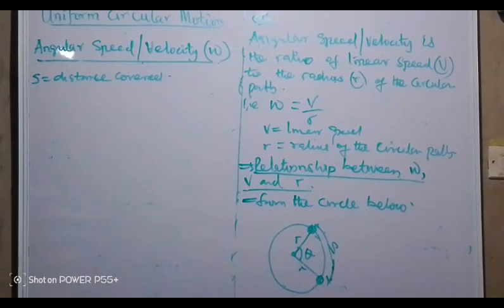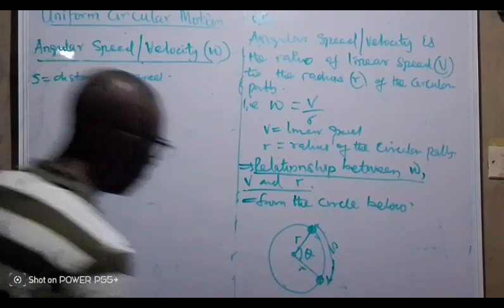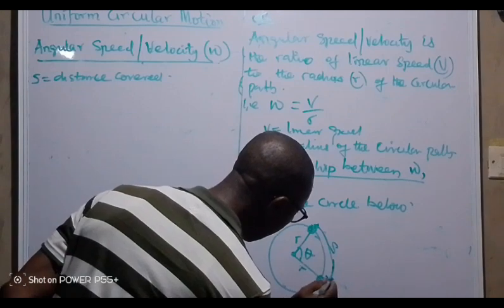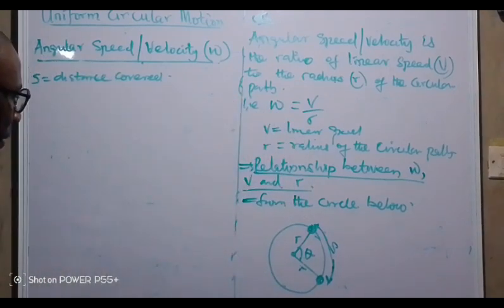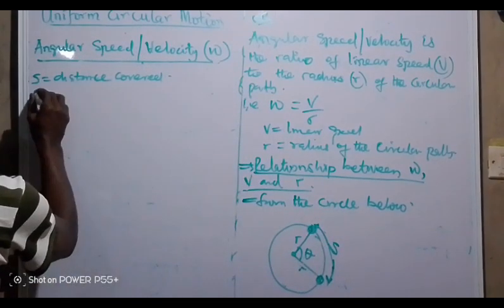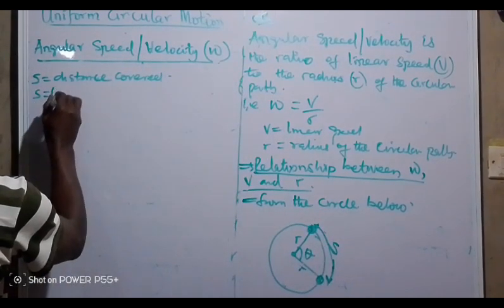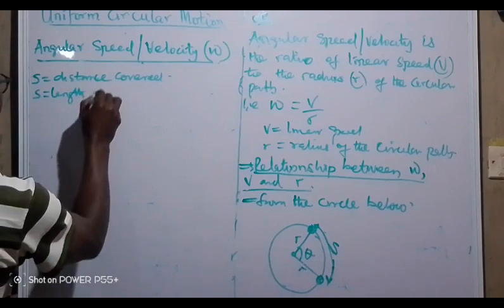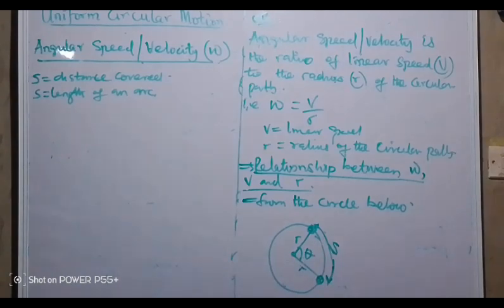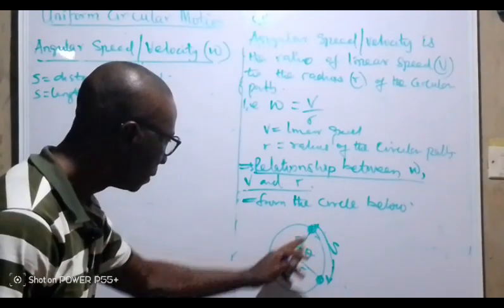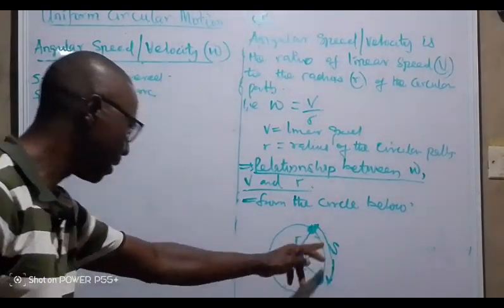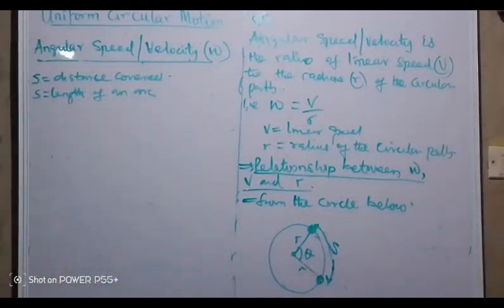From mathematics, this distance covered is termed the length of an arc. This plane forms a sector, and the part bounded by the sector is the length of an arc.